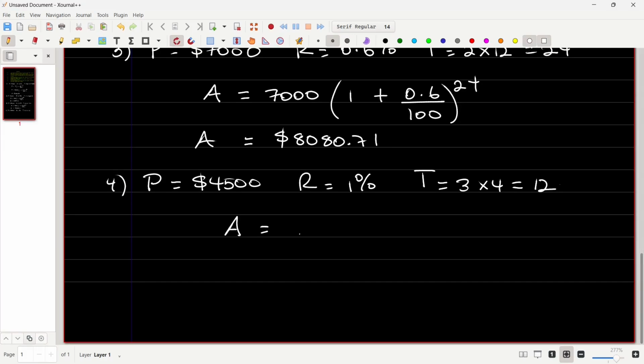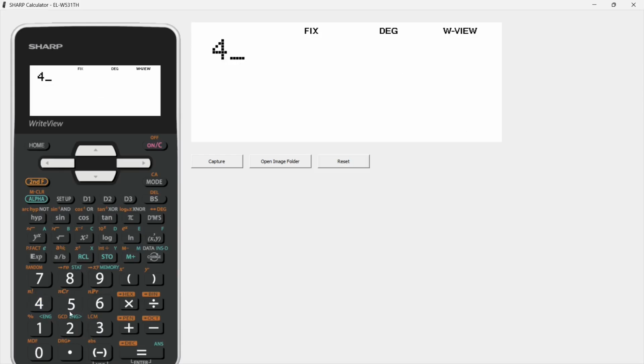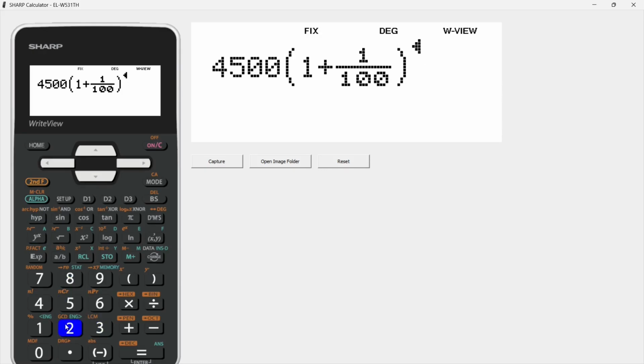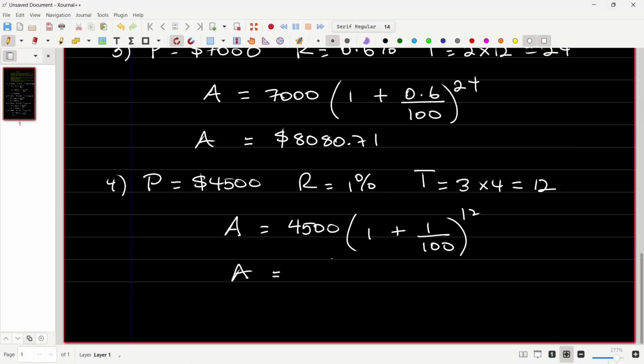So A would be equivalent to the principal, which is 4,500, into 1 plus 1 over 100, close bracket, raised to the power of 12. And A would be 4,500, open bracket, 1 plus 1 over 100, close bracket, raised to the power of 12, which is 5070.71.